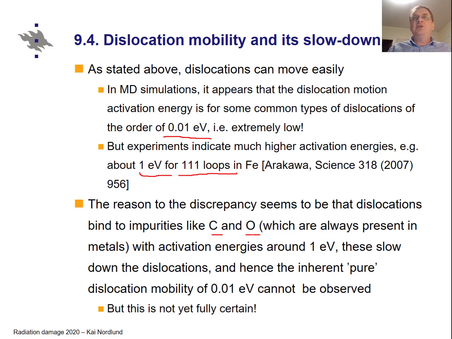A dislocation has at least hundreds of atoms inside it, so practically always there is a carbon or oxygen nearby interacting with it. This binding energy of the impurity is of the order of 1 eV, and it slows down the dislocations because to move they need to either separate from the carbon or oxygen or drag them along. This means that the inherent pure dislocation mobility in practice cannot be observed. But I emphasize this is still ongoing research, and it's not fully certain if this is the complete explanation.